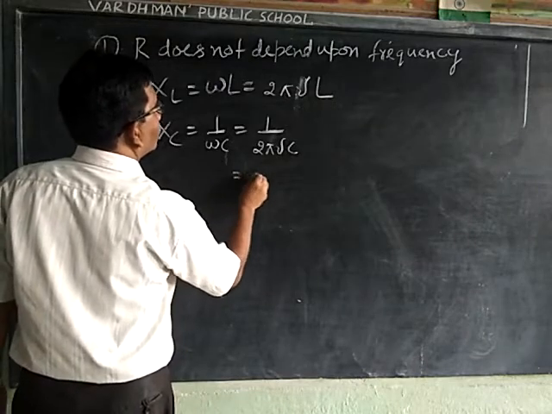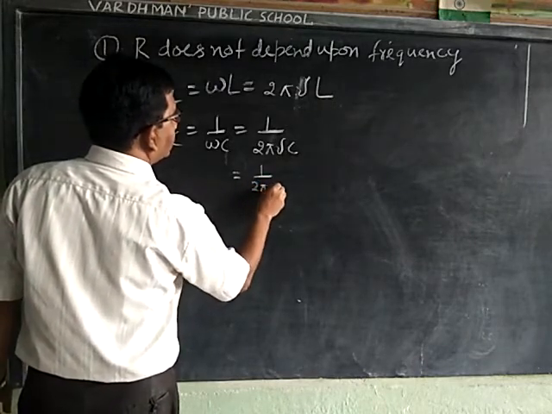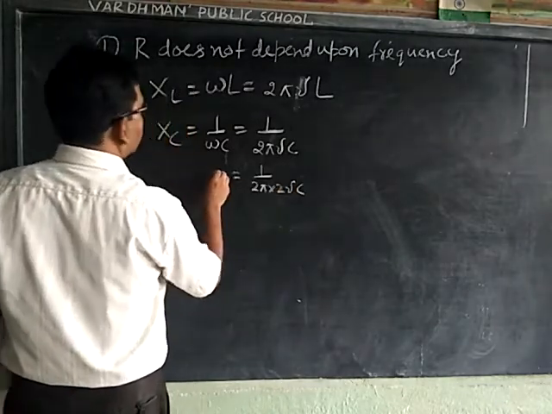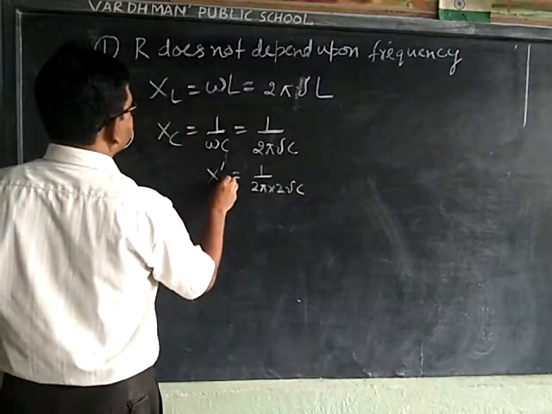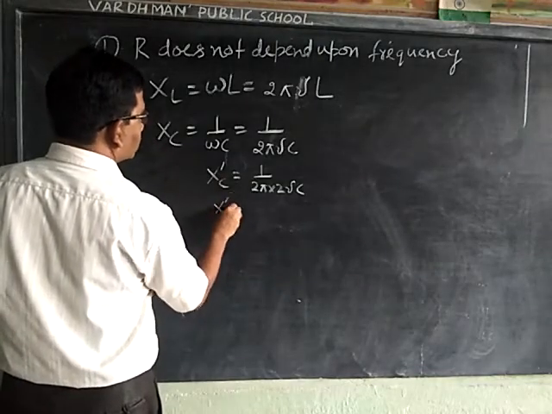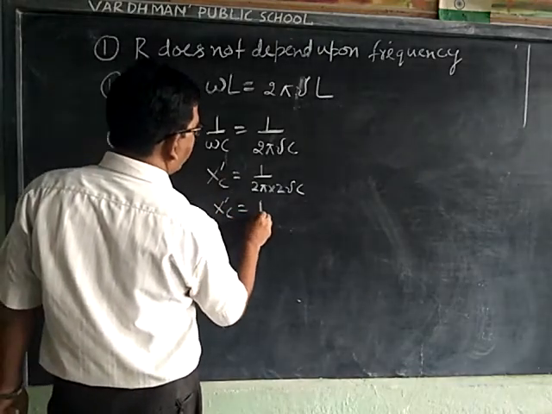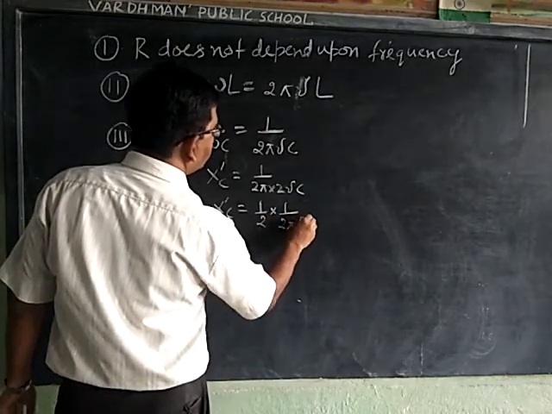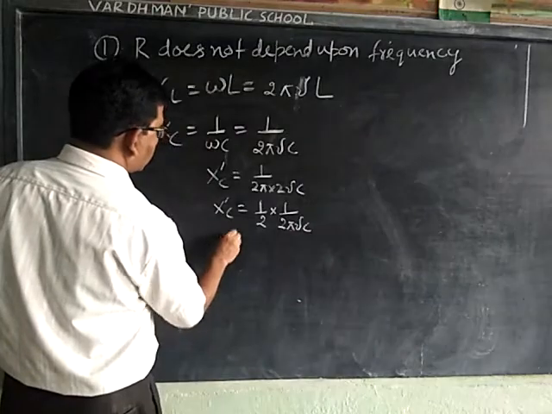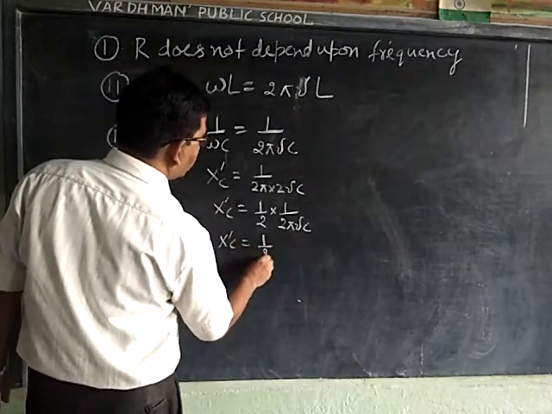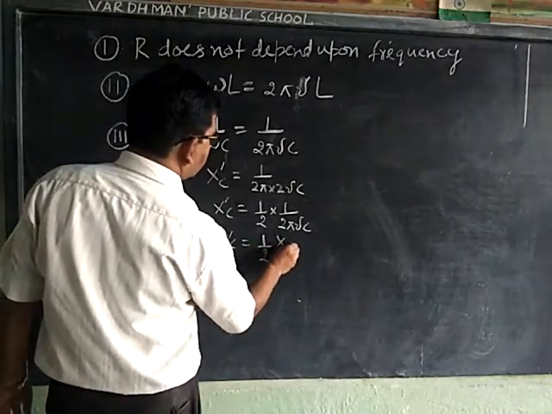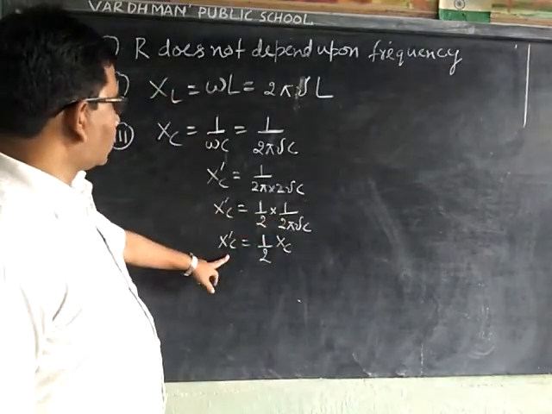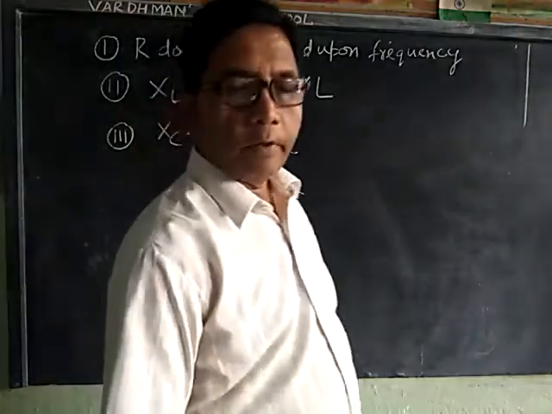Suppose 1 upon 2 pi into 2 nu C is X dash C, then X dash C can be written as 1 upon 2 into 1 upon 2 pi nu C, that is X dash C is equal to 1 upon 2 XC. If frequency is doubled, then capacitive reactance becomes half.